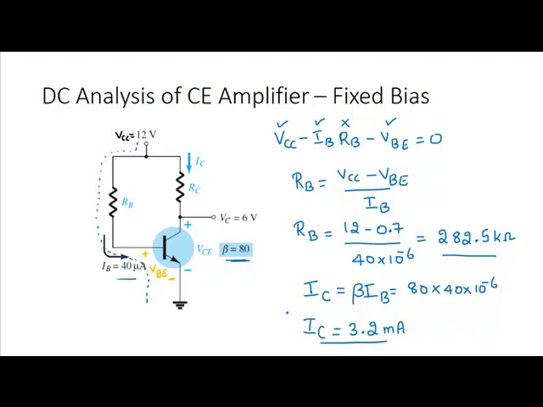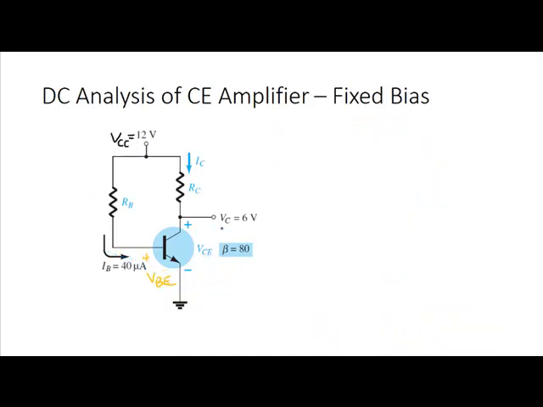Now we can go to the output side loop to find the remaining values. So IC is known. We need to find out RC and also VCE. The value of VC is given. So using double subscript notation, VCE is nothing but VC minus VE.